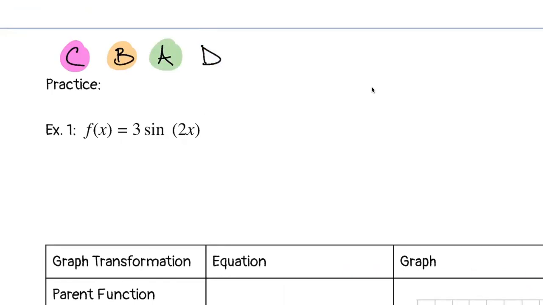Let's choose a different color. All right, so of those 4 types of graph transformations that you looked at in the group work earlier, let's talk about which ones we see here. So in f of x equals 3 sine of 2x, what graph transformations do we have?